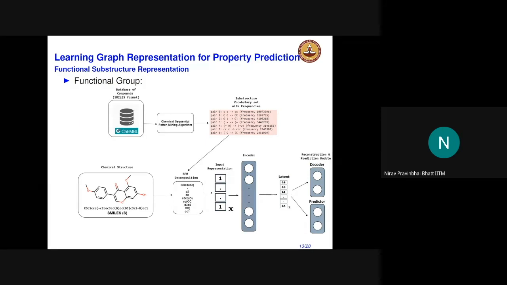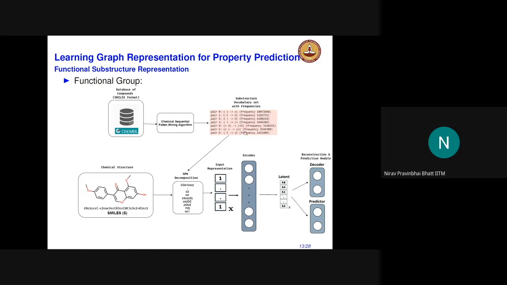Of course, there is a huge number of substructures, so we said we'll take a substructure which repeats at least 10,000 times or 5,000 times. With that, we got around 2,500 odd substructures which are repeating frequently in these 2 million molecules.